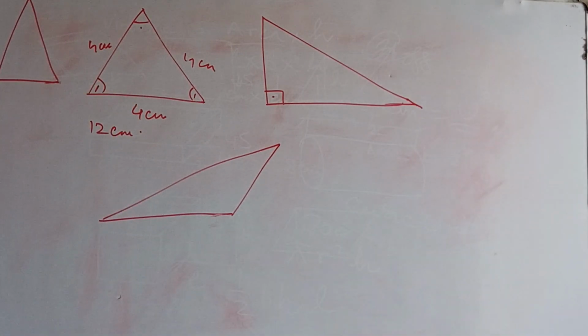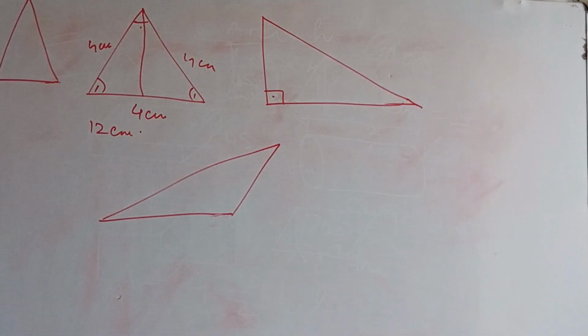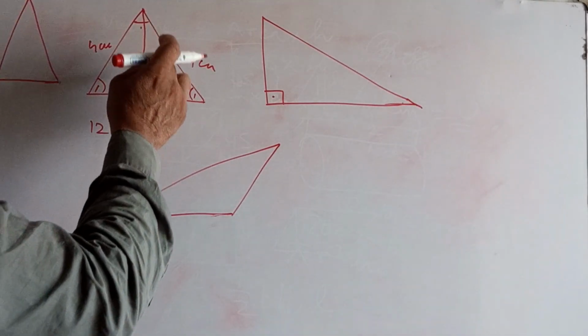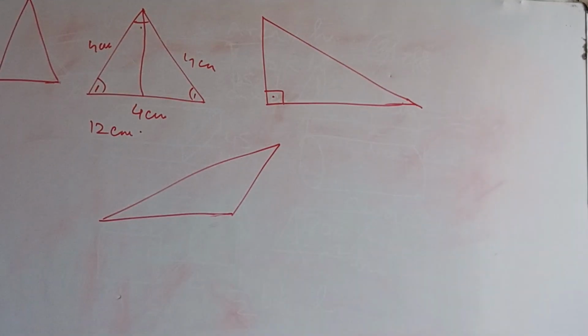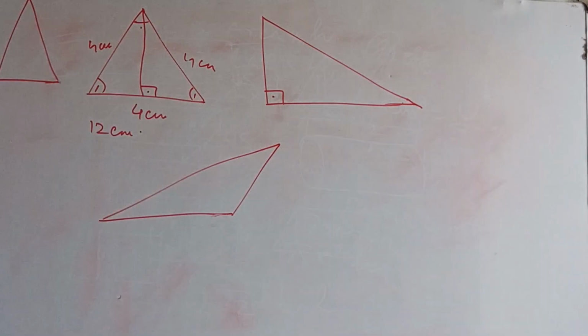But if I want to find the area of the triangle, then what I have to drop is a perpendicular from this vertex to the base of the triangle, and this will be the perpendicular.